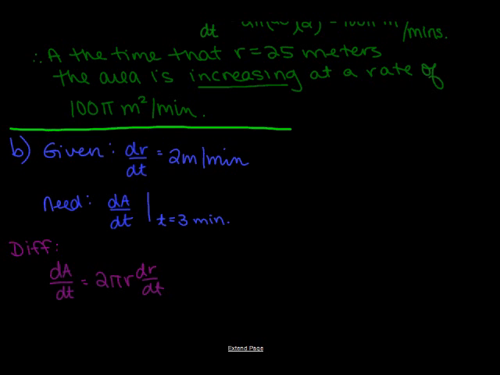We know dr dt, but we've got an issue here. Okay, we do not know what r is. But because we know the time is equal to 3 minutes, we're going to be able to solve for r. Okay, so we will do that next. We're going to have to do this off to the side. So we have to find r when time is equal to 3 minutes.